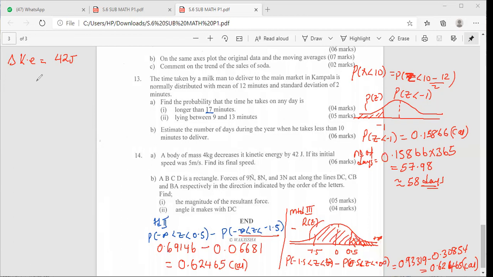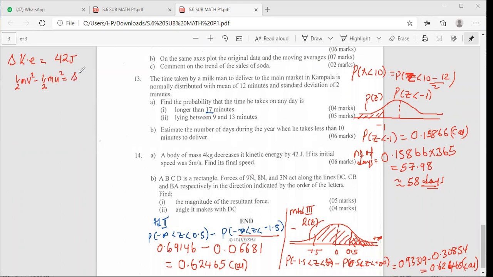There is a theorem which states that the work energy theorem states that work done by the resultant force is equal to change in kinetic energy. So the change in kinetic energy is a half mv squared minus a half mu squared.